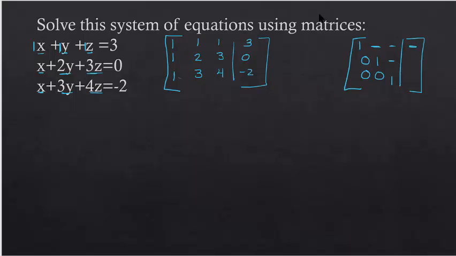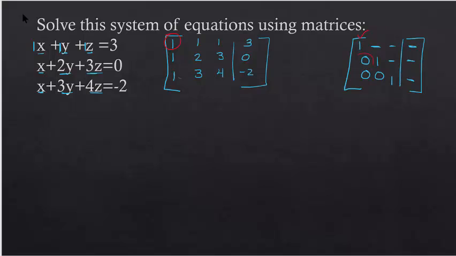All right, so our goal is to just get 1s on the diagonals and 0s underneath those 1s. All right, so let's see what's happening here. Well, we have a 1 already there, so this one's all set already for us.